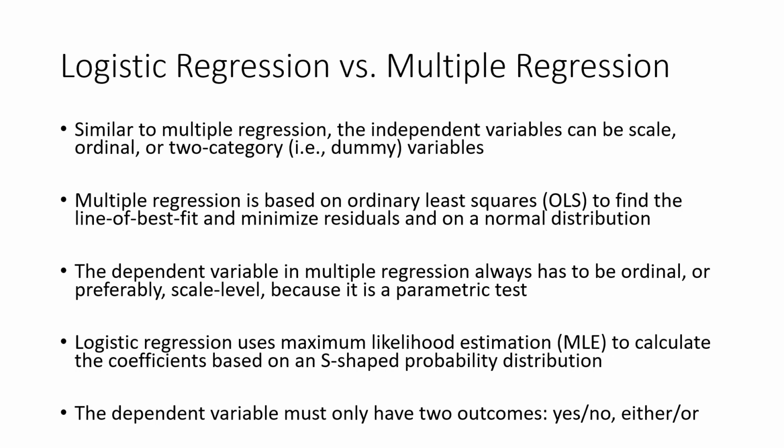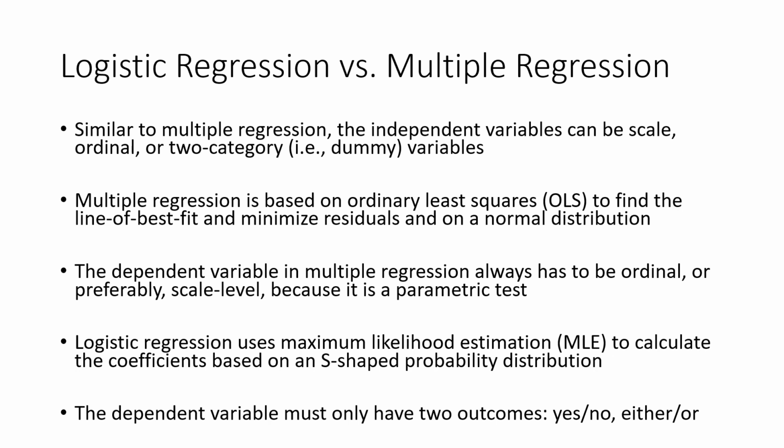Logistic regression, unlike multiple regression, doesn't use ordinary least squares logic. Instead, it uses a technique called maximum likelihood estimation, also abbreviated as MLE. This is a technique that is based on probabilities, essentially, and it uses MLE in order to calculate the coefficients.